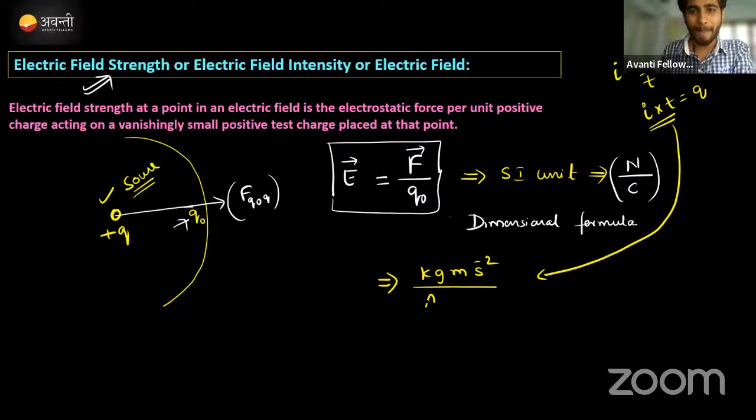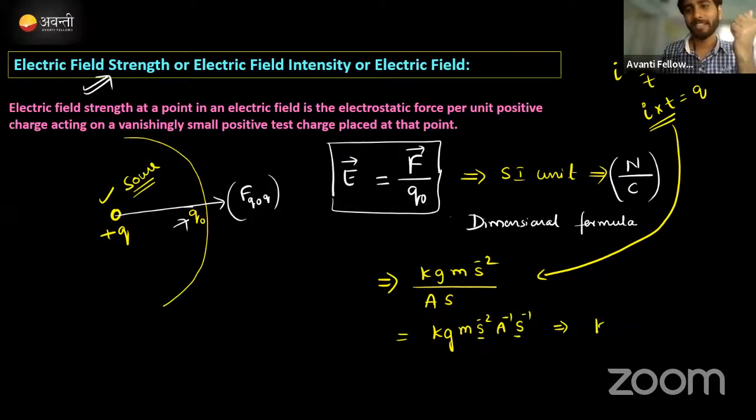Current means ampere, A. Time means second. Then take all the terms to the numerator: kg meter second to the power of -2. Here A comes to the numerator, meaning -1. S comes to the numerator, meaning s to the power of -1. Here s to the power of -2 and s to the power of -1 give s to the power of -3.